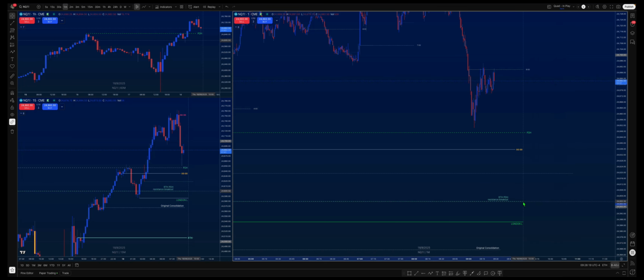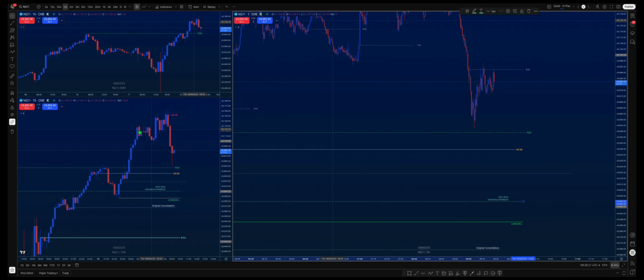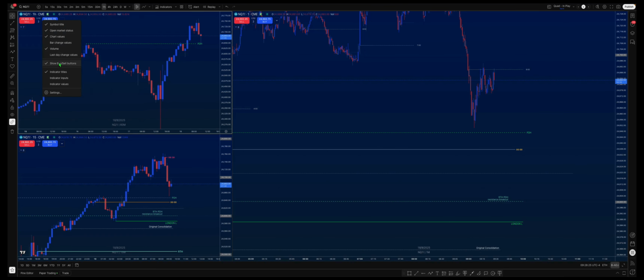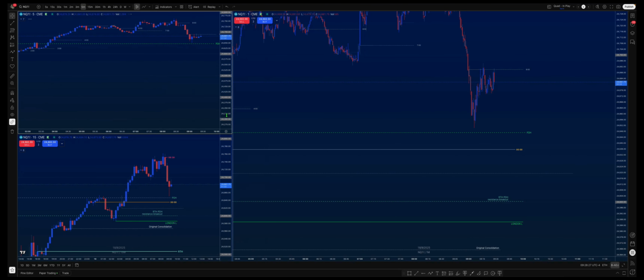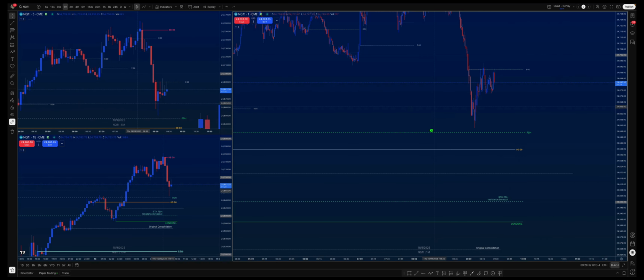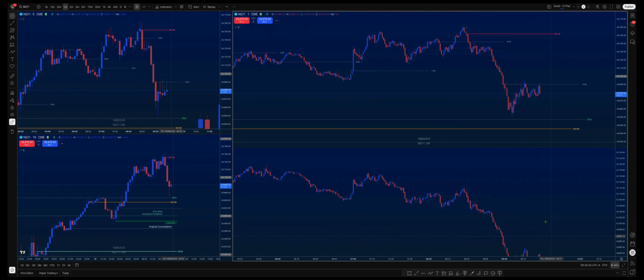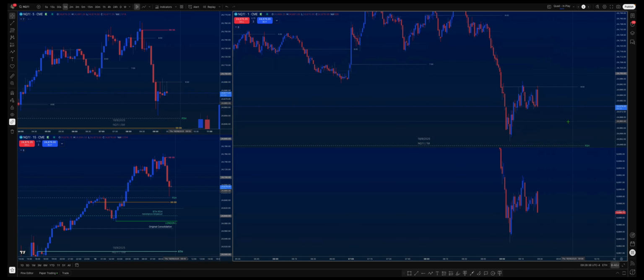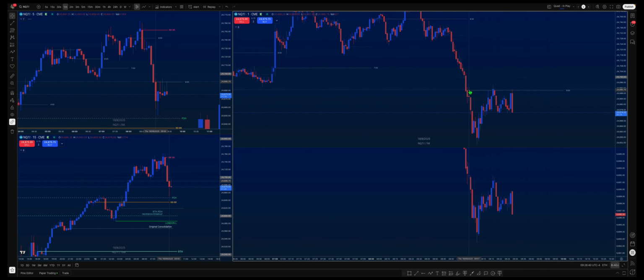So I just got all these lines marked out so I can pay attention to them. I'll probably have the 15-second on the left and the 5-minute up on the top right. But you got a good idea of where we are at. Need to be watching ES as well for that SMT, but we are likely to just break lower. And as you can see, we haven't really taken much in the way of buy side since 9 AM.